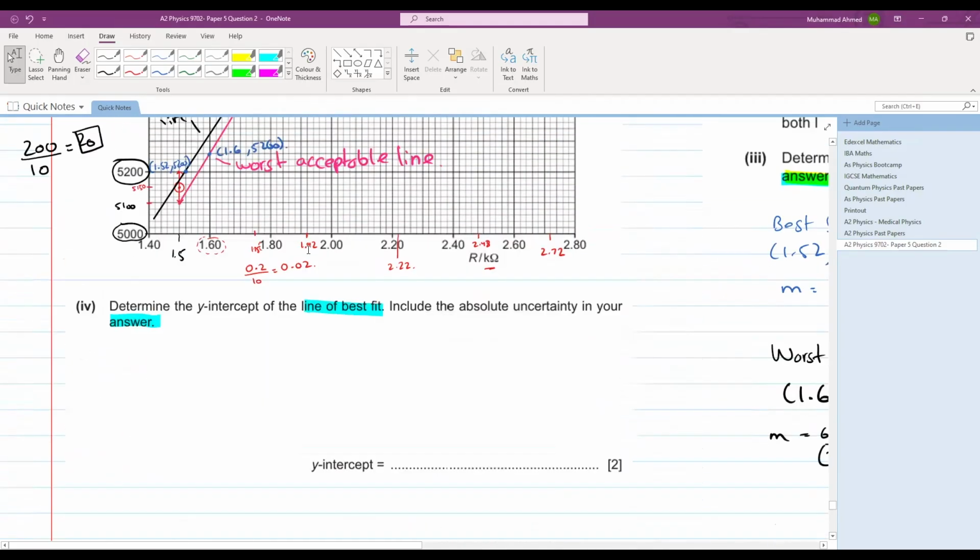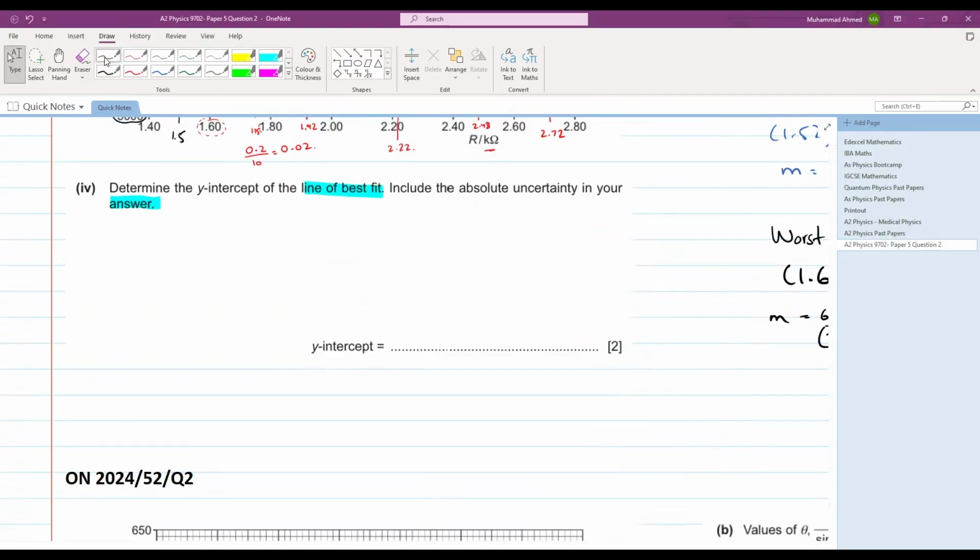So let's do that. Let's first of all calculate the y-intercept of the best fit line. We know this equation of a straight line: y equals mx plus c.